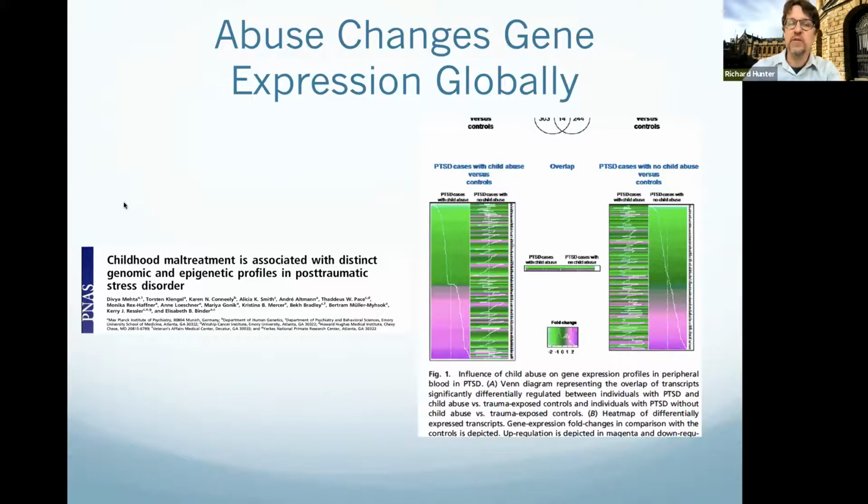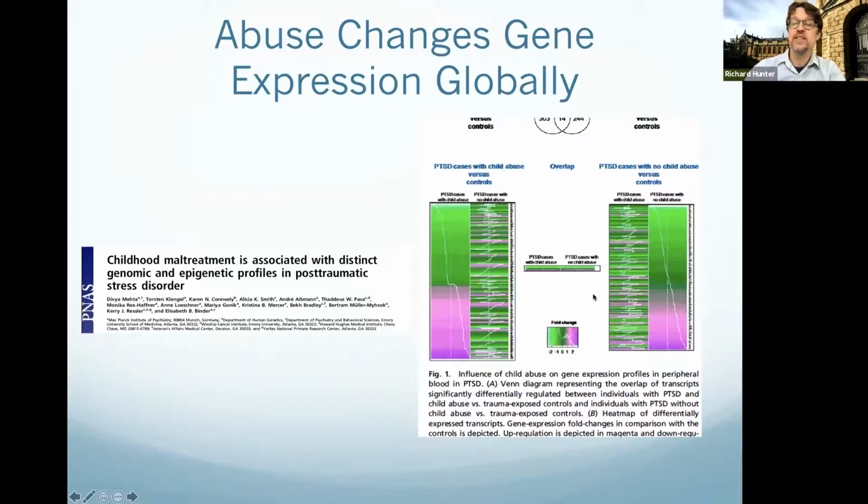And this was what I was referring to before. This is basically within a sample of PTSD patients. And what you're looking at are PTSD cases with child abuse history, and PTSD cases without.